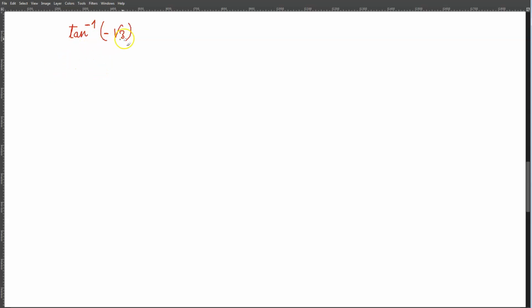If I write the tan inverse of negative square root of 3 is equal to y, that means that tan of y is equal to negative square root of 3, right? Now you need to somehow find some angle.